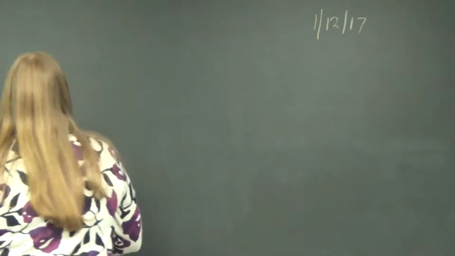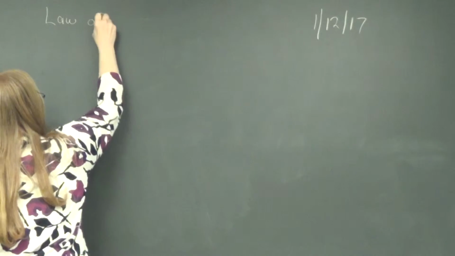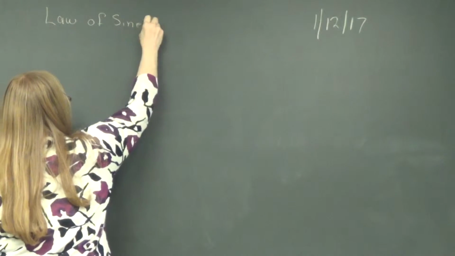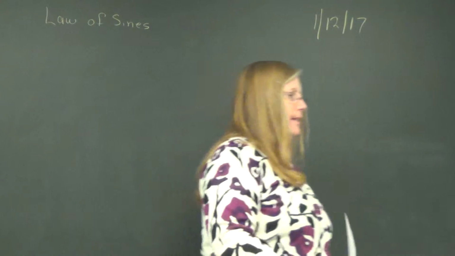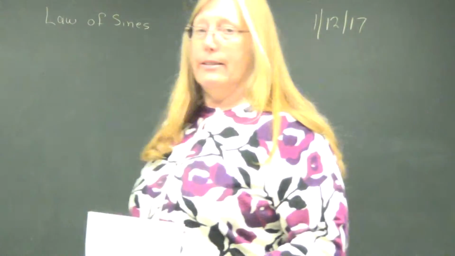112.17. Today we're going to prepare for the law of sines on our test. Our test will be a take-home test. We'll give you about a week to do it. The law of sines will be on it because it hasn't been on any of our tests. It kind of slipped through.